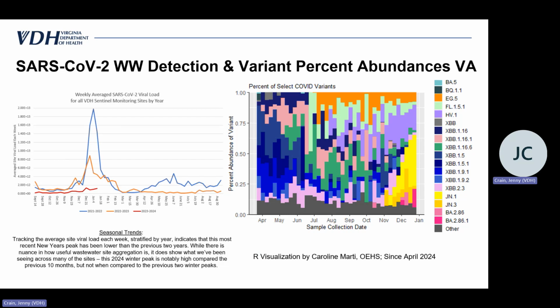These are some visualizations that Carolyn Marty from OEHS put together. This is pretty dated at this point, but it was a nice correlation where we were able to look at the proportional abundances of all of these variants in wastewater and look at our case data in terms of viral load over time.